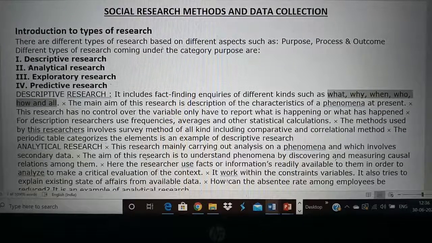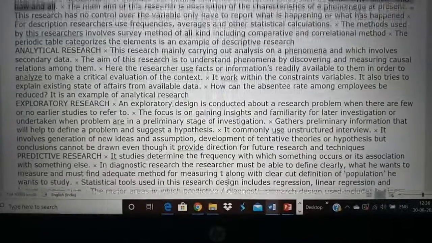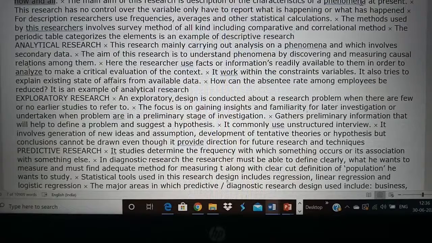Okay, the next topic on the purpose of the research is analytical research. Analytical research means you analyze data. The data is very important, and you analyze a particular outcome or the process.